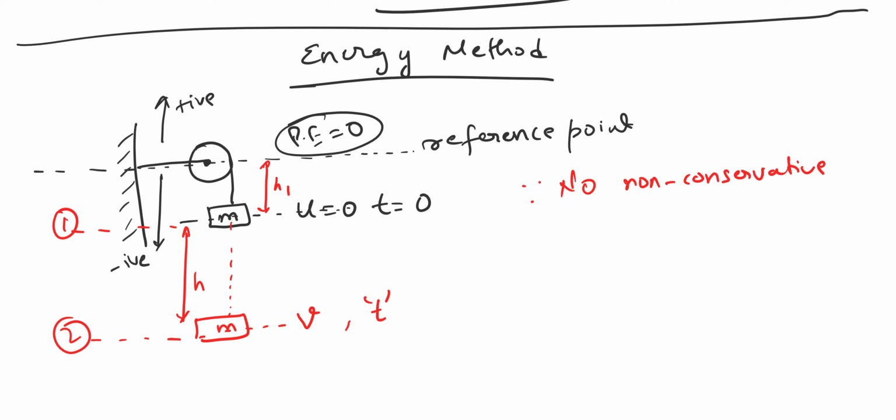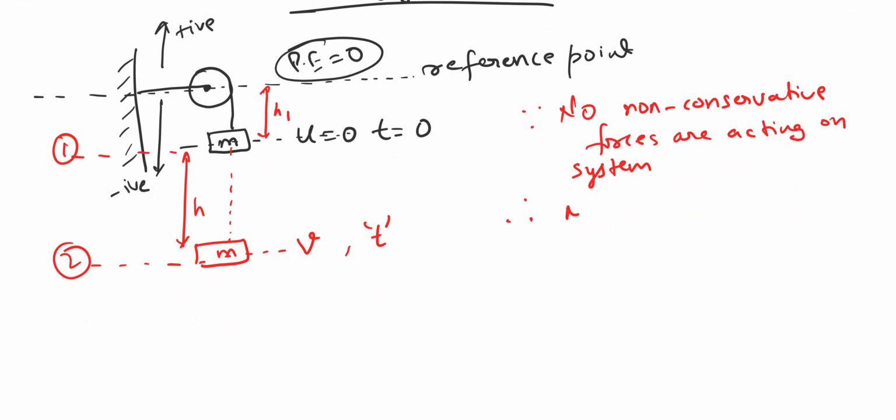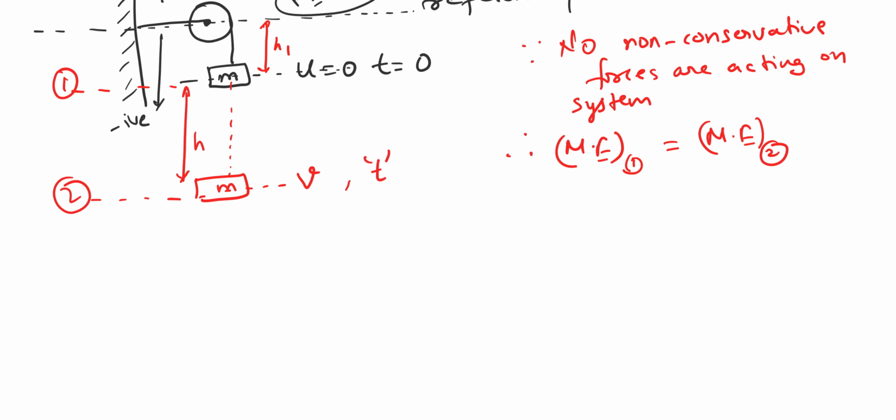Since no non-conservative forces are acting on the system, there is no friction anywhere, therefore mechanical energy at condition 1 would be the same as mechanical energy of the system at condition 2. So we'll solve this.